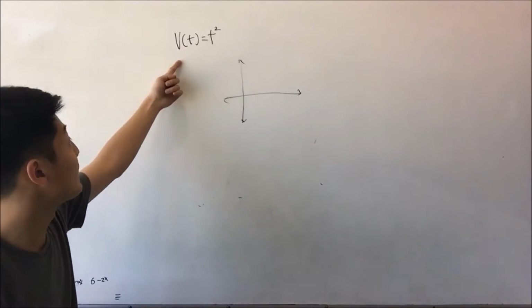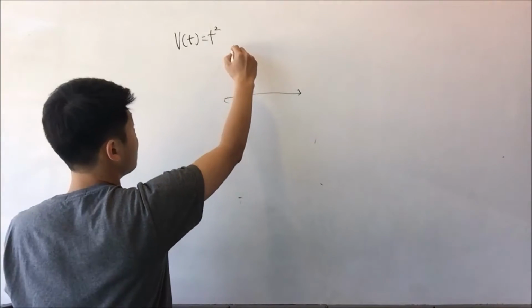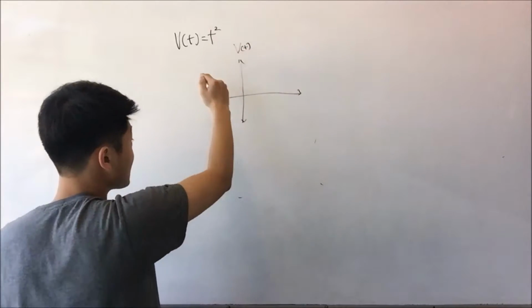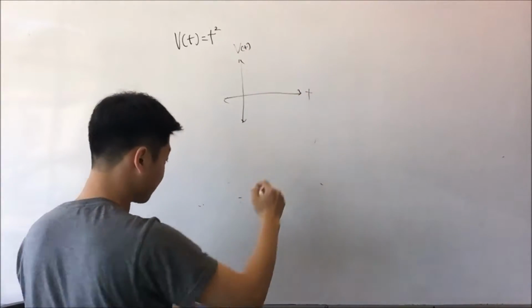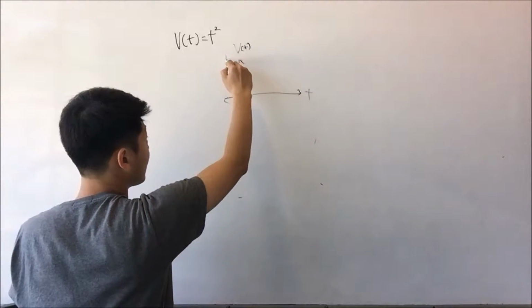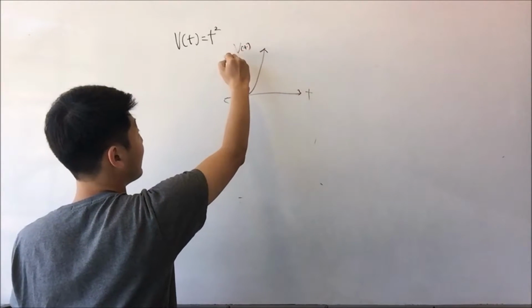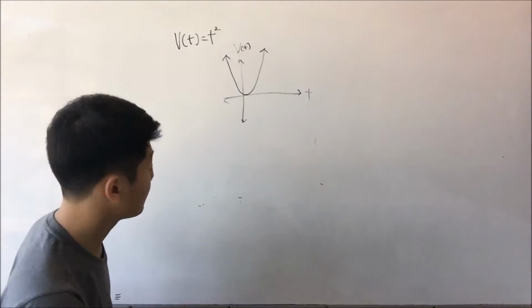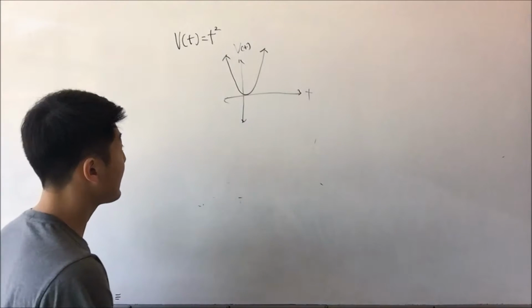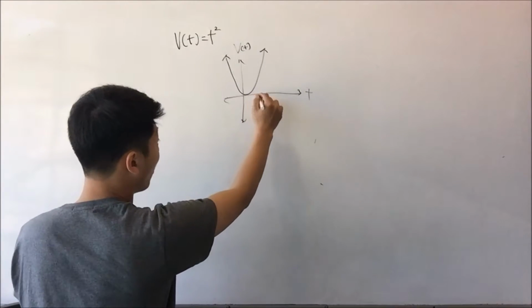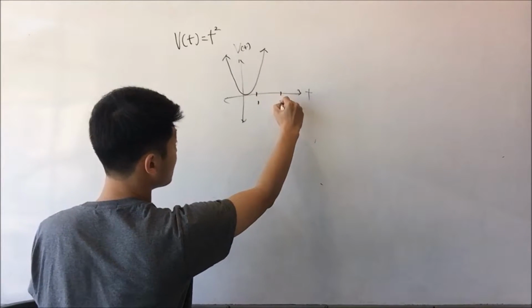According to v of t, the y-axis will be v(t), the velocity, and x will be t, the time. The graph will look like this because this is the same as a parabola. And then what you want to know is from time 1 to 2.